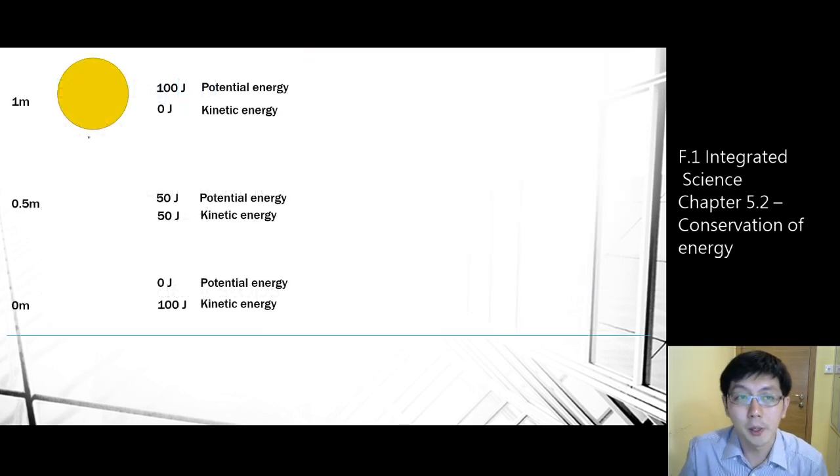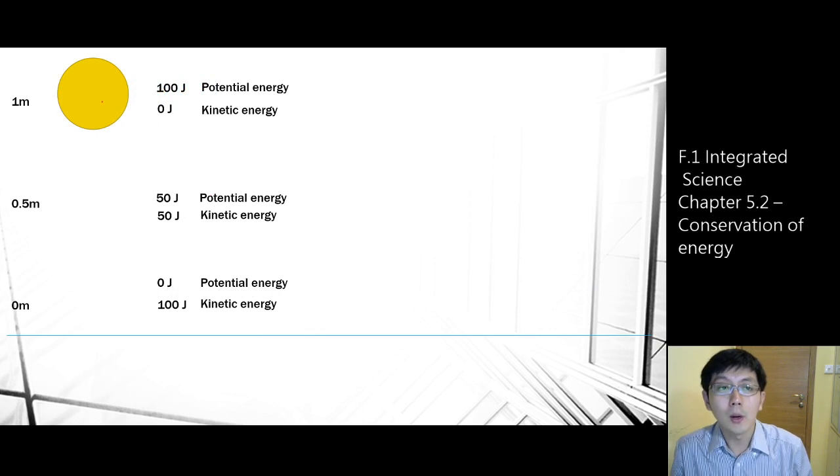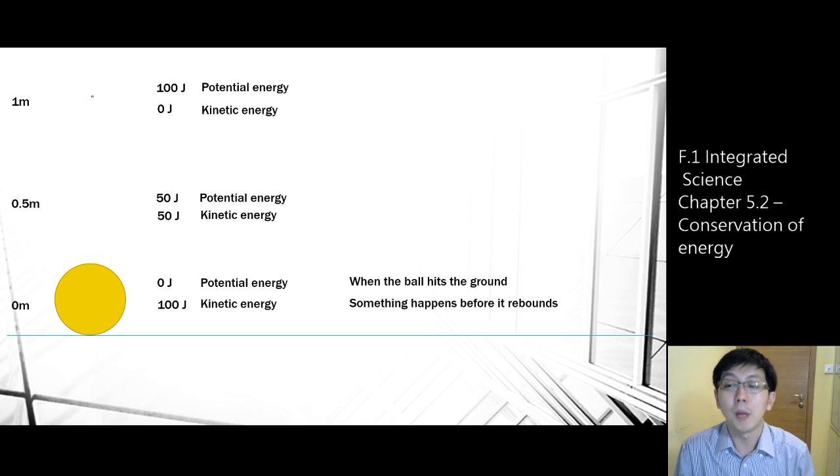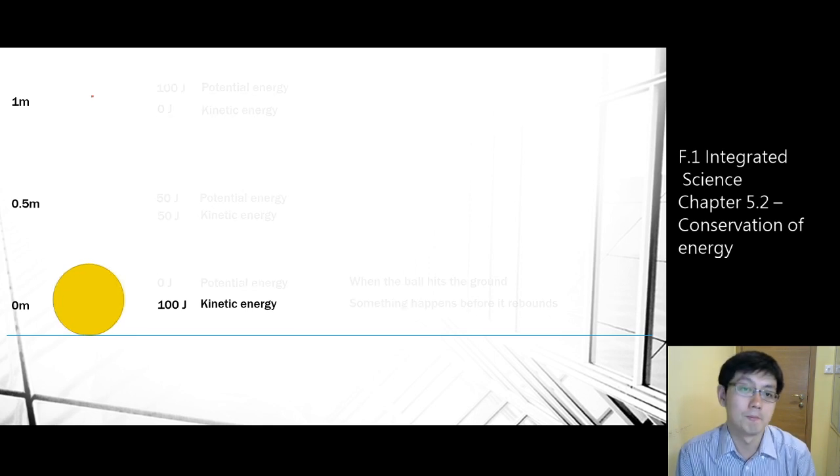Okay, go back to this picture. The ball is dropped from 1 meter to the ground. Actually, something happens when the ball hits the ground. Before it rebounds, before it moves upwards, something happens. So from the video, you know that you hear something.